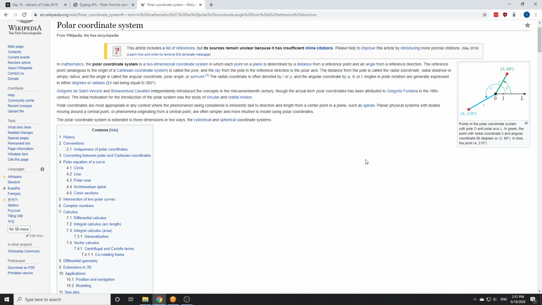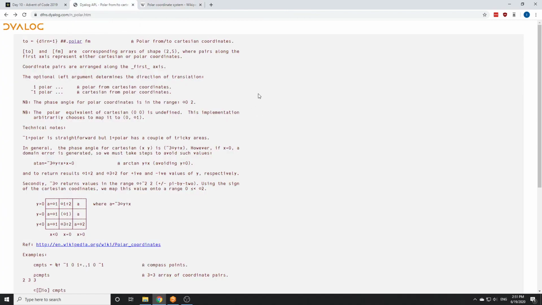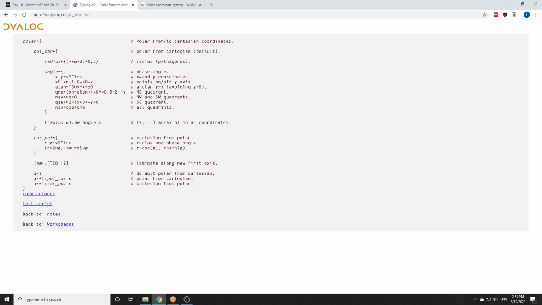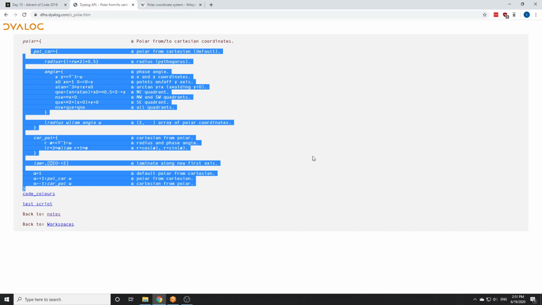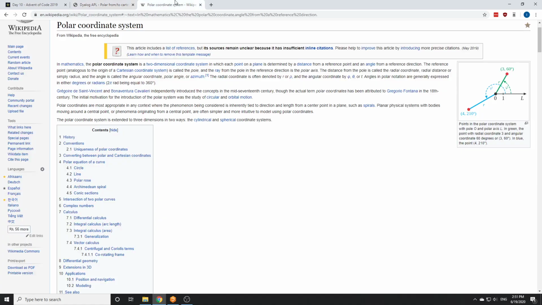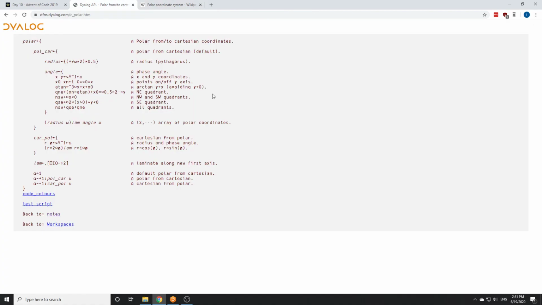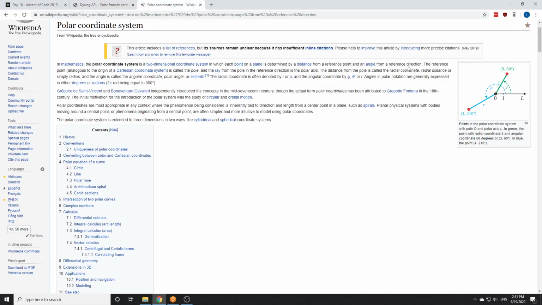Now there is a polar function built into the dfns library for Dyalog, sort of like the standard library, I guess. And rather than trying to modify the source code to point right and go counterclockwise, we can do some transposition on our existing coordinates in order to fit into this model.